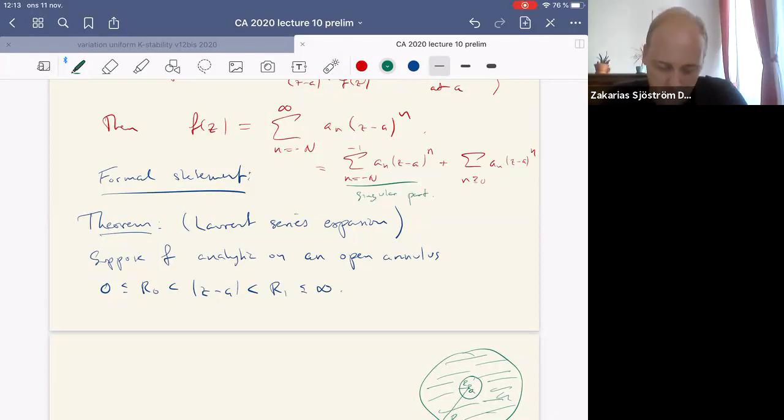Okay, and where does this converge? Because here all the powers are negative powers. So we have 1 over z minus a and so on. So what would you be able to say about convergence of this series with respect to the point A?